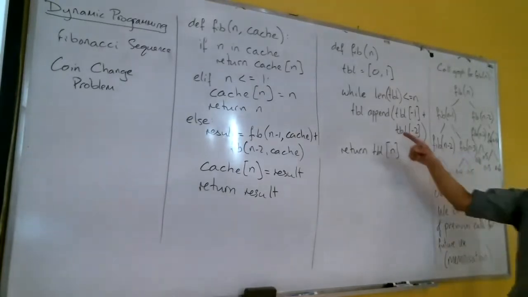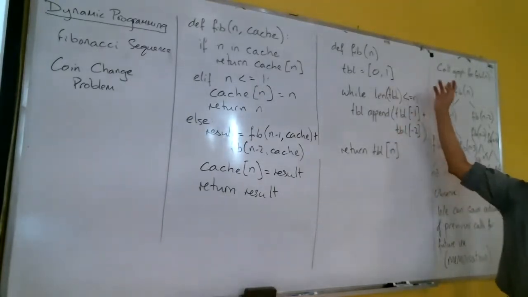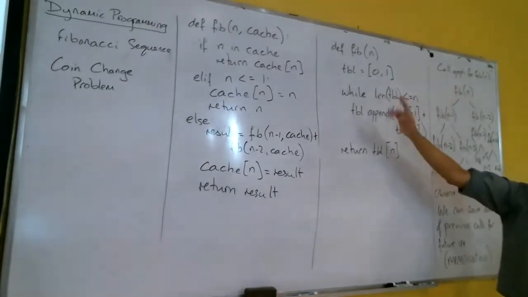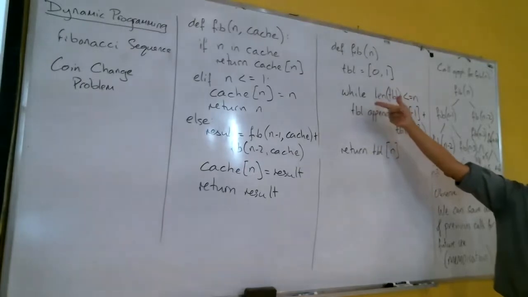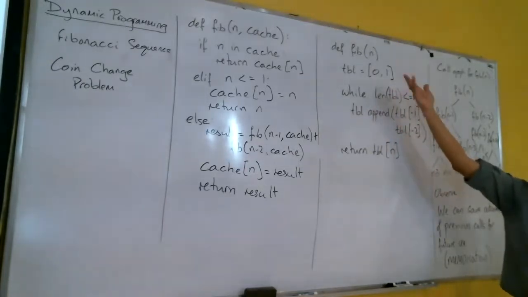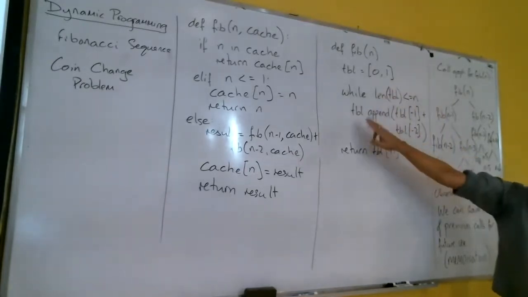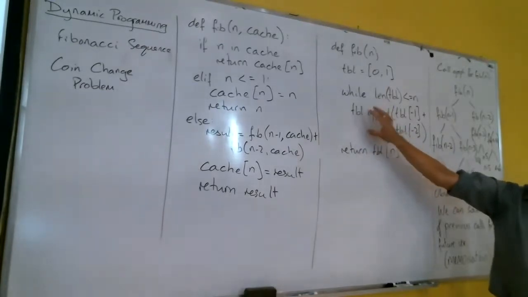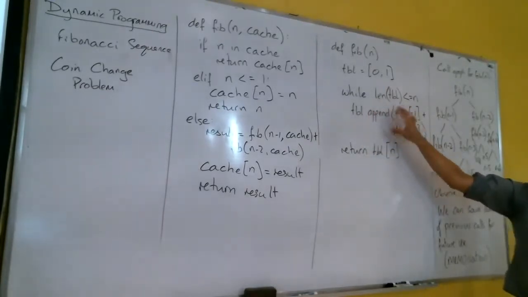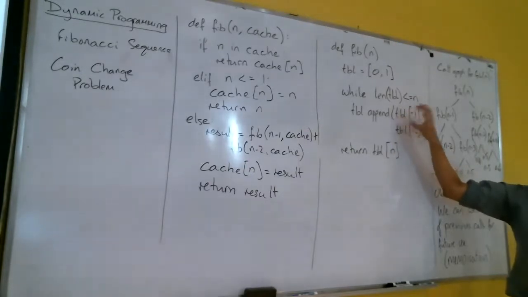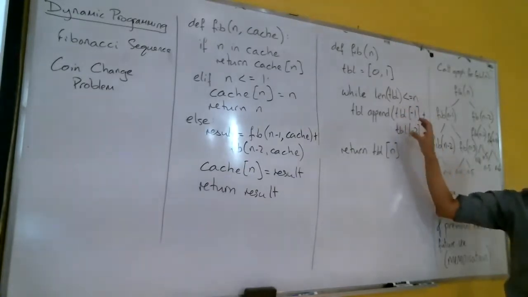We would have probably allocated the table with enough slots, and then had a loop with an index variable counting up to n or n plus 1, whichever. And then we would have said table[i] = table[i-1] + table[i-2].